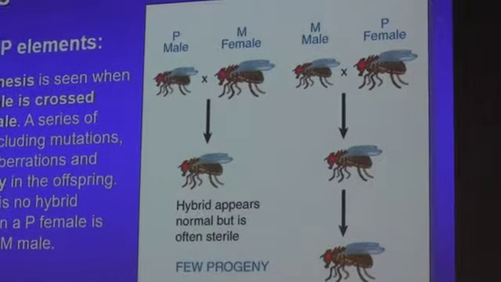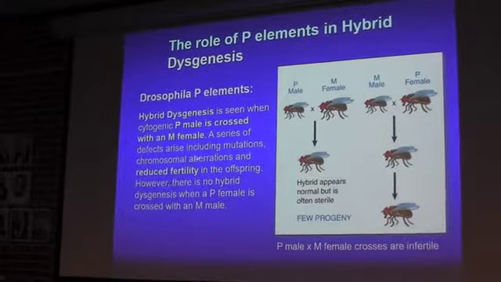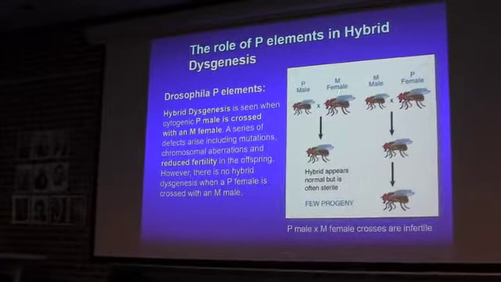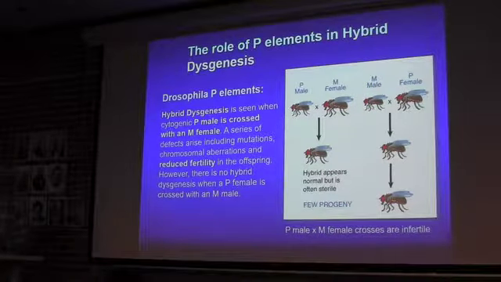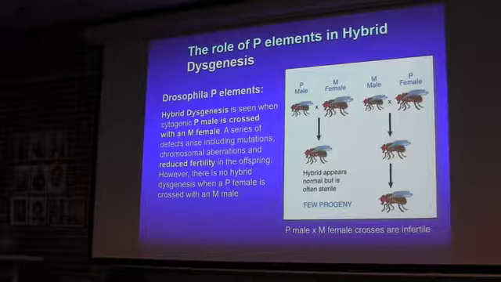Okay, it's now getting a little complicated, but not too bad so far. This kind of effect is called hybrid dysgenesis. Dysgenesis means it's all messed up, and it only occurs in certain mating combinations. Hybrid dysgenesis.